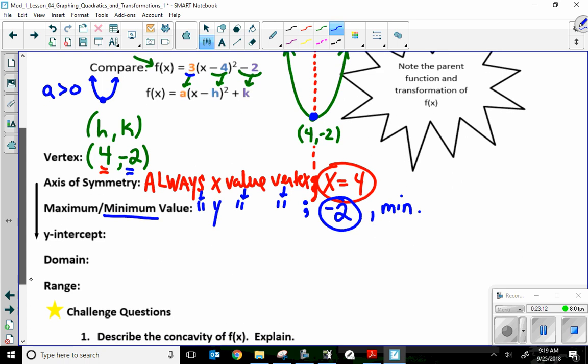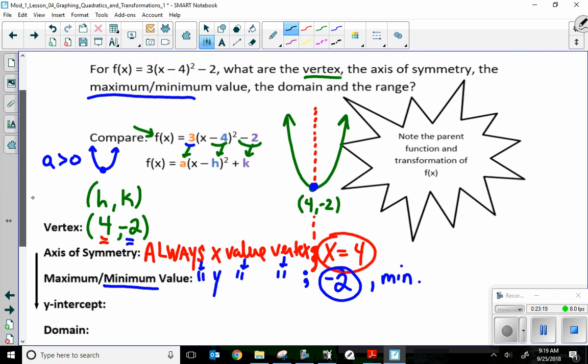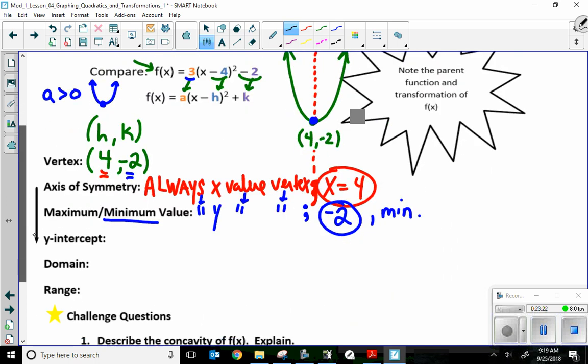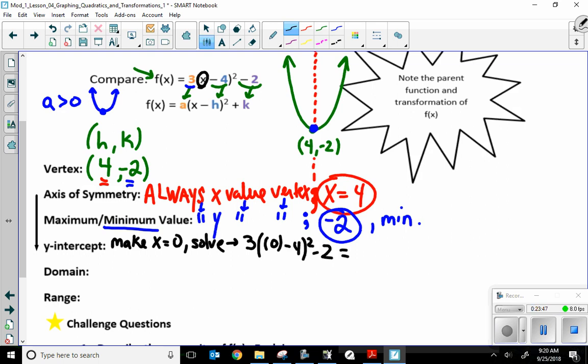And here's some other things here. Let's go to y-intercept. How do I find the y-intercept? All I do is make x equal to 0 and solve. I see one x here, so I'm going to write the equation and put a 0 in for my x: 3(0 minus 4) squared minus 2. Well, this is -4.